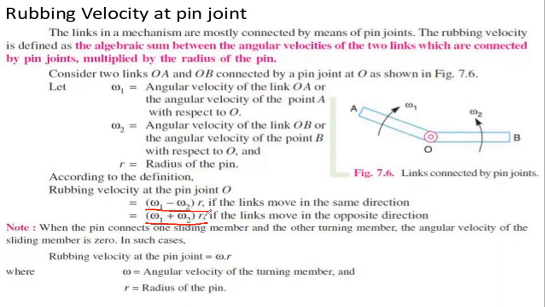So if they travel in the same direction, it is omega 1 minus omega 2 into r. But if they travel in opposite directions, one clockwise and the other anti-clockwise, we take the positive sum of the angular velocities. That is the rubbing velocity for both the directions.